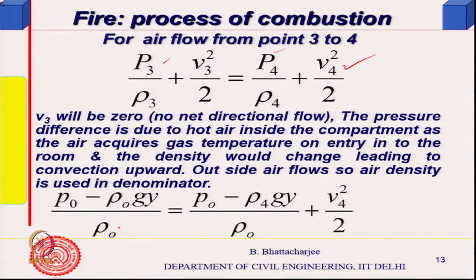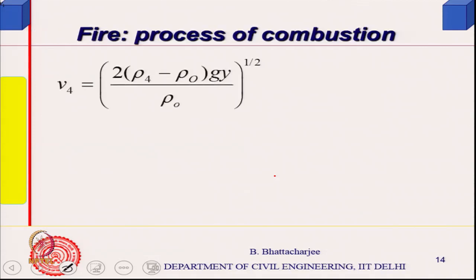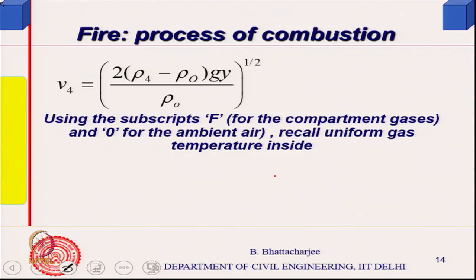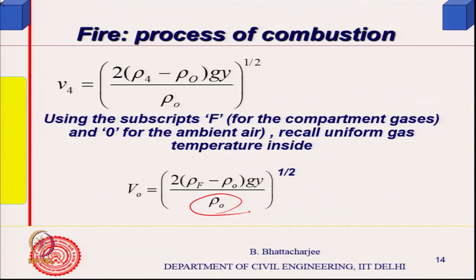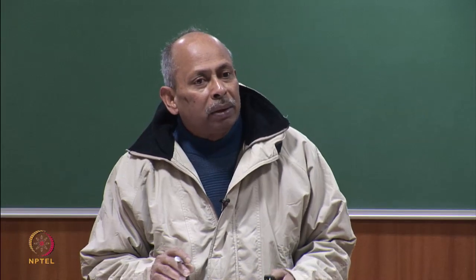Since air is what is coming in, we take the density of air throughout and replace this by rho f. So, rho 4 is rho f. Putting f and 0 subscripts, that is what we get. Overall it is rho 0, because cold air is coming in, and that is how we get the velocity of fresh air at a distance y below the neutral axis.